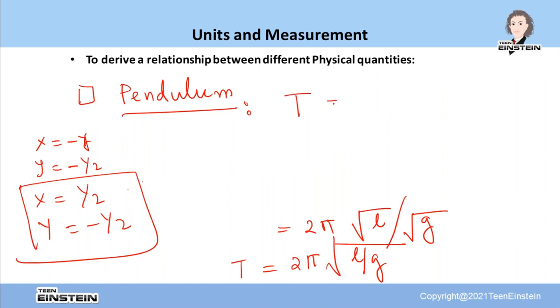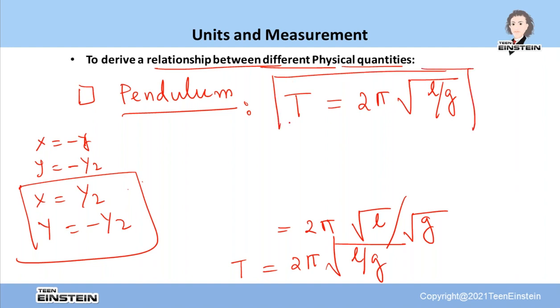I'm deriving a relationship between physical entities, here length and acceleration due to gravity. What is the relation between time period, length of the pendulum, and the local acceleration due to gravity?